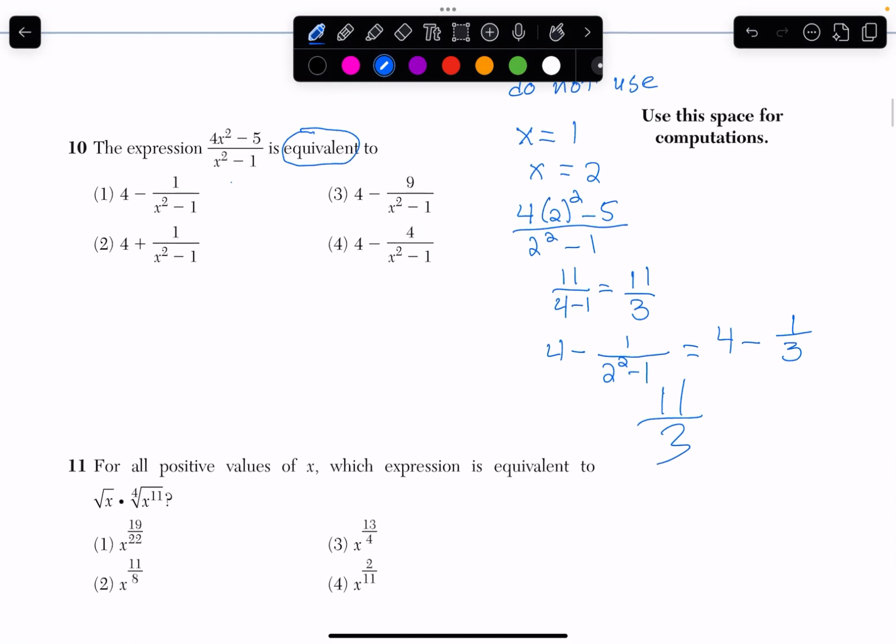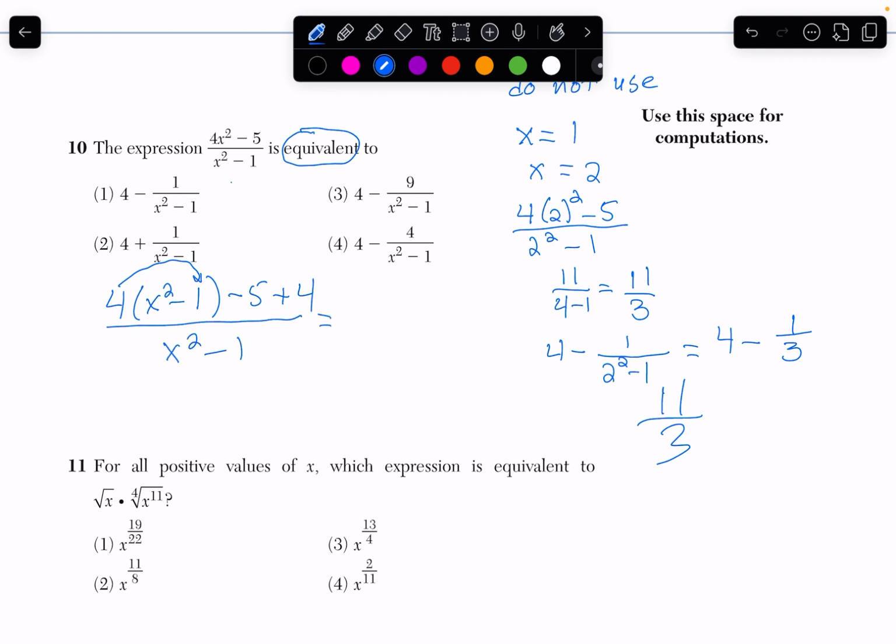The other way to do it is we can do 4 times x squared minus 1, right? Of course, we want the x squared minus 1 to cancel out. Okay, right? Minus 5. Now, since we have this minus 4 here we have to deal with, we're going to even it out by doing plus 4 over x squared minus 1.